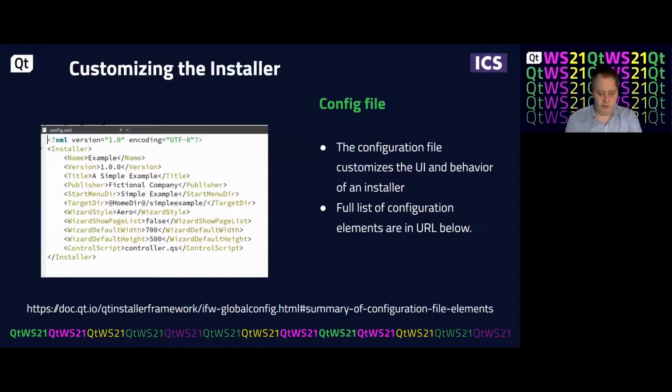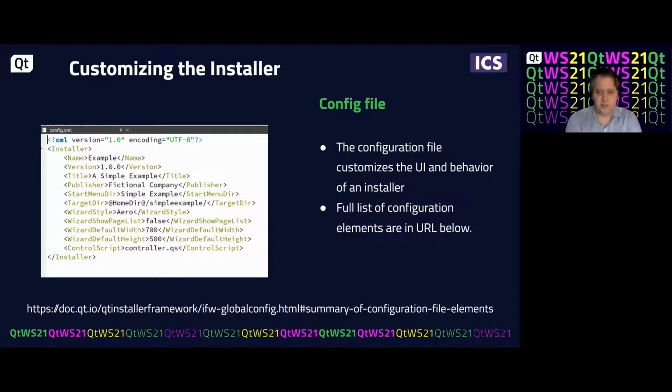So let me talk a little bit about what's in the config folder. There are really two entities. One is this config file, and this config file really should be in pretty much every installer that you create. I provided here an example, and you're essentially customizing the general behavior of the installer. So notice that, for instance, the style of my installer is arrow.